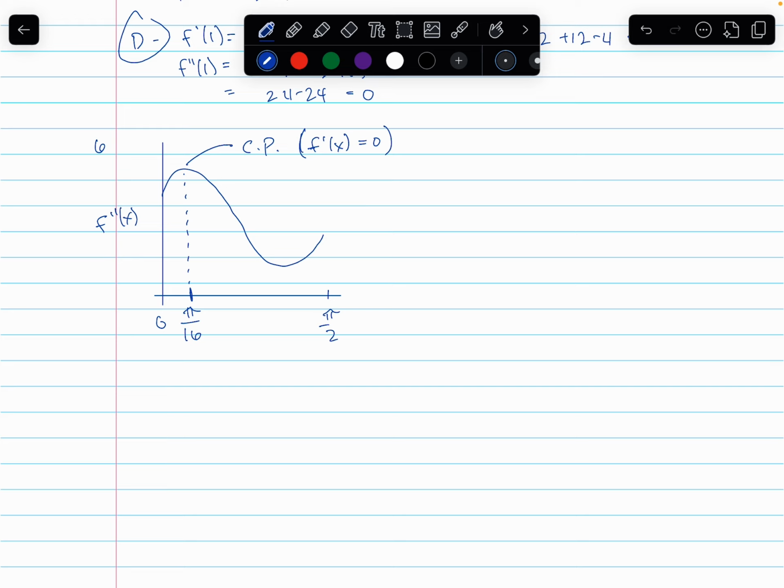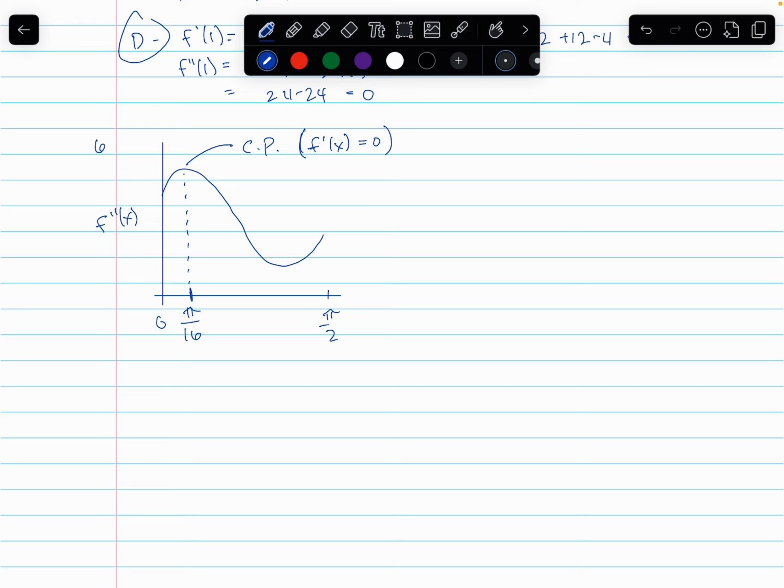Okay? Which of the following statements is true about the function f on the interval? So let's read A. A, f has a relative minimum at x equals pi over 16th, but not an absolute minimum.